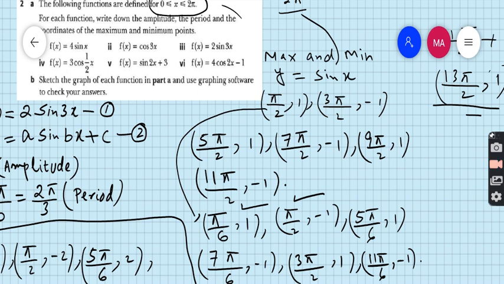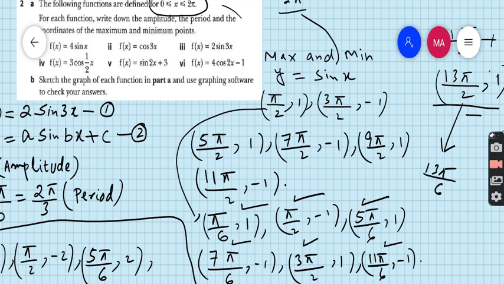The third value is 5 pi by 2 divided by 3, we will get 5 pi by 6. The next value 7 pi by 2 divided by 3, we will get 7 pi by 6. The next value is 9 pi by 2 divided by 3, we will get 3 pi by 2. The next value is 11 pi by 2 divided by 3, we will get 11 pi by 6, minus 1. And this value which I take after 11 pi by 2, 13 pi by 2 divided by 3, we will get 13 pi by 6.